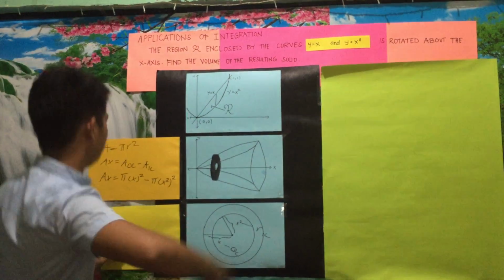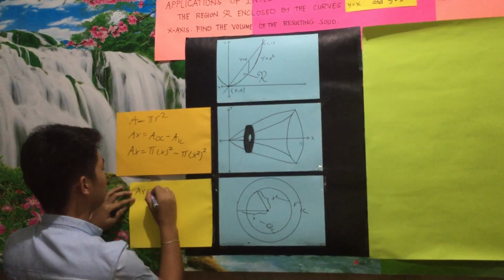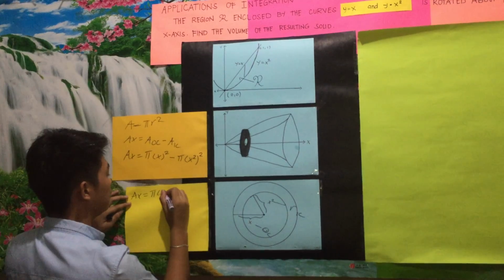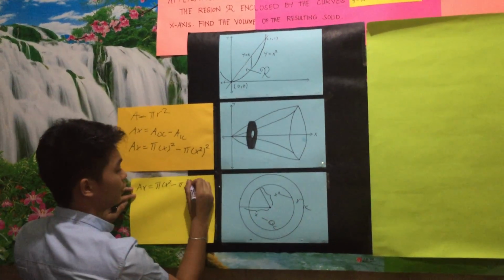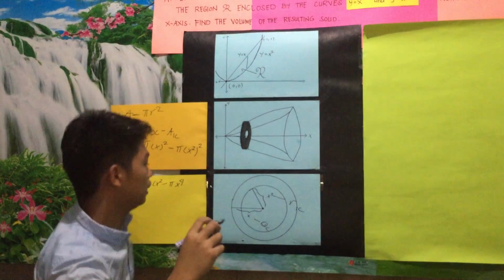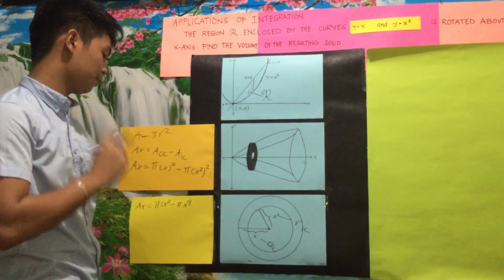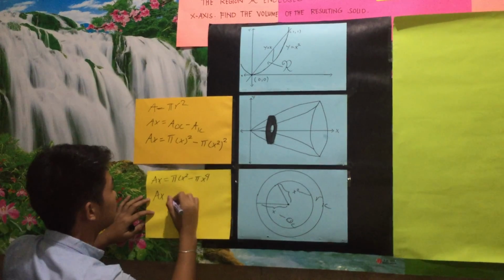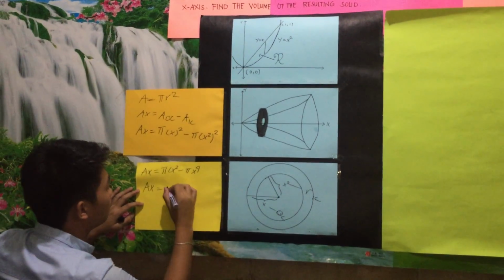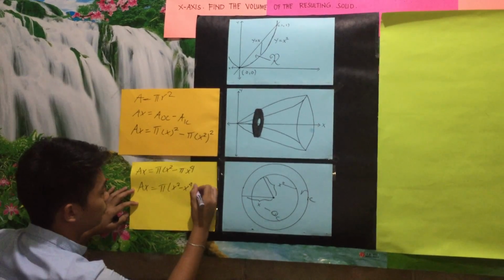To simplify it further, it will now become A(x) equals pi x squared minus pi x raised to 4. But we can simplify it by getting the common factor, which is pi, and it will now become A(x) equals pi times x squared minus x raised to 4.